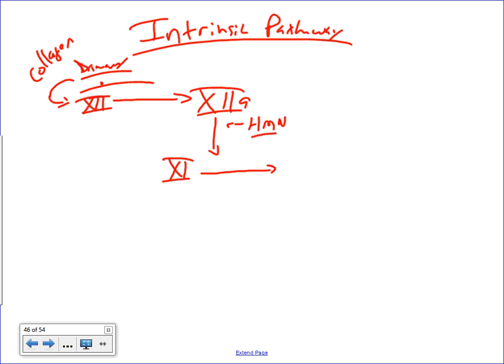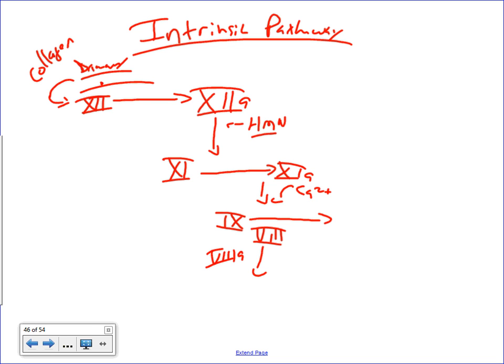Once clotting factor 11 is activated, we're going to activate clotting factor number 9. I know it sounds kind of goofy going in this numerical order, but that's just how these chemicals work. In order to do this, there needs to be calcium available. Then once clotting factor 9 is activated, we activate clotting factor number 8, so 8A, which will activate clotting factor number 10.